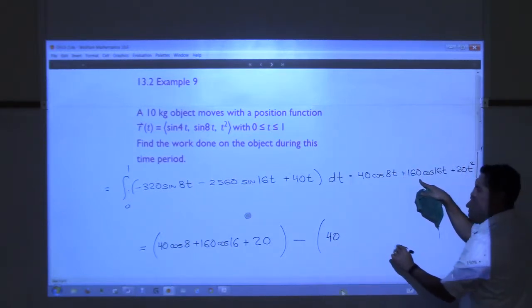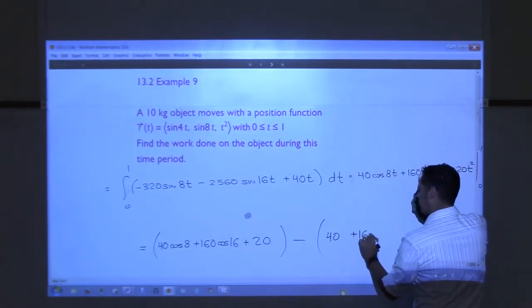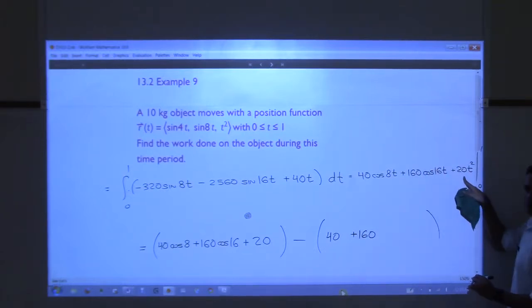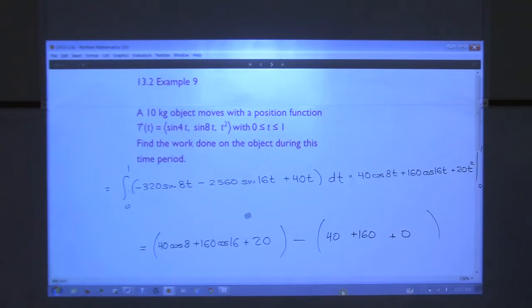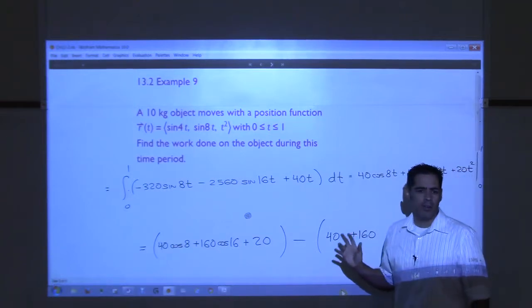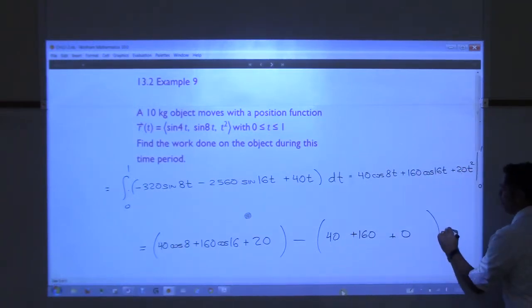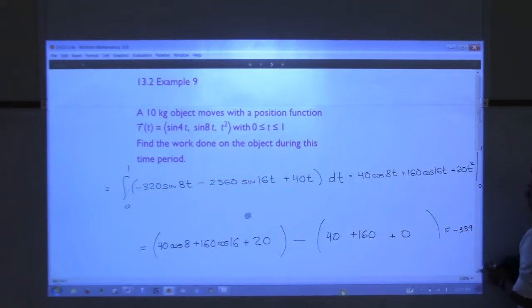This will be 160, and this is 0. Whatever that number is, if I remember correctly, because I did this problem earlier, it all comes out to approximately negative 339. I could be wrong, but I'm pretty sure that's close. So the work done would be negative work.